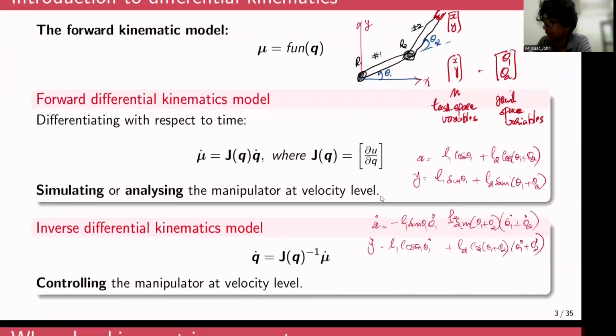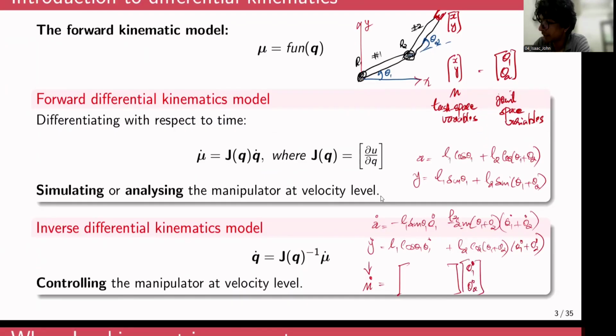You can represent this using vector matrix notation, where you combine x dot and y dot together as a vector mu dot. Then you will have a matrix, and on the other side, theta1 dot and theta2 dot.